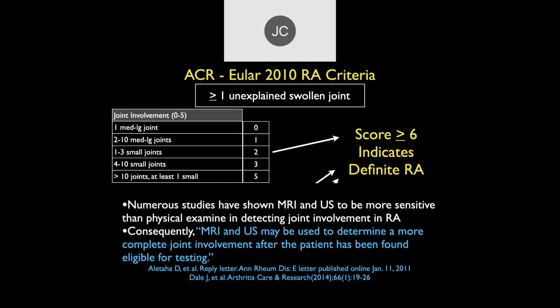So if they have a high clinical suspicion of rheumatoid arthritis, then you should go through the joint count and add up the score. And if you want maximum sensitivity, you can use MRI or ultrasound to help augment the joint involvement score and detect rheumatoid arthritis earlier.